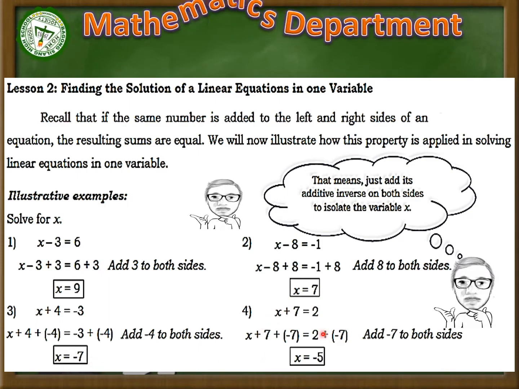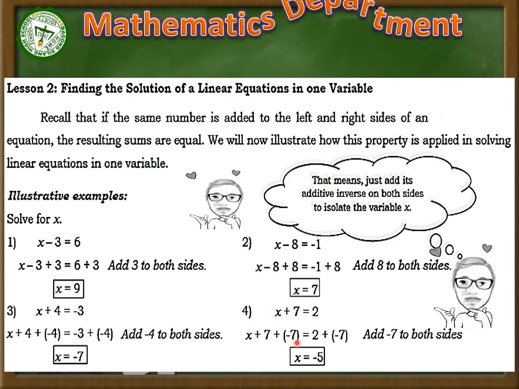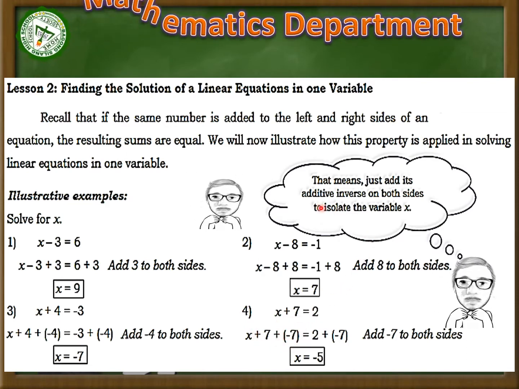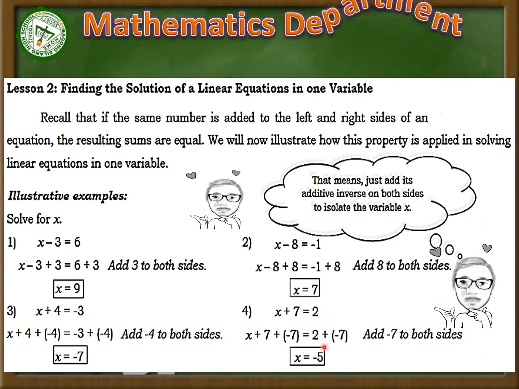Number 4, x plus 7 equals 2. So we add negative 7 to 7, because negative 7 is the additive inverse of positive 7. And then again, don't forget to add negative 7 on the right side.